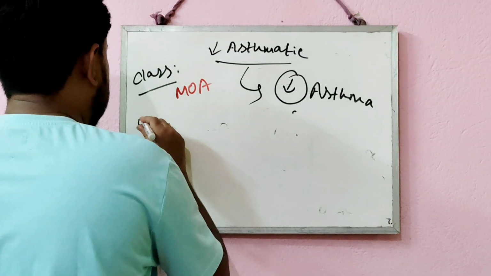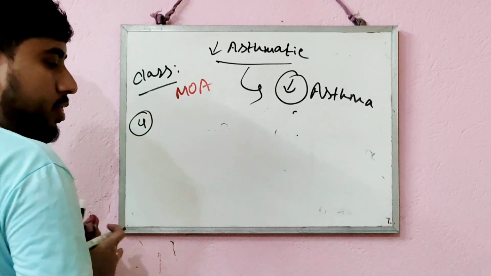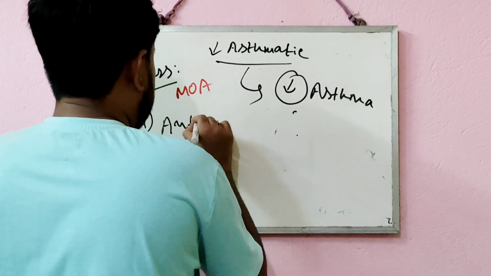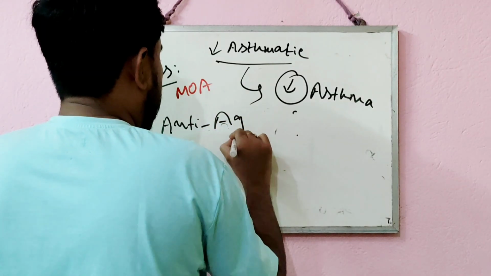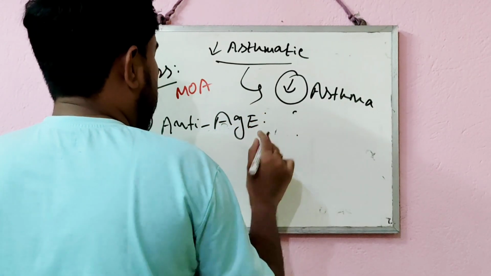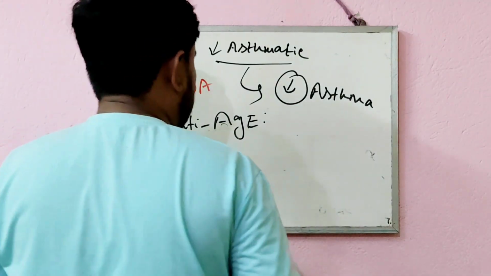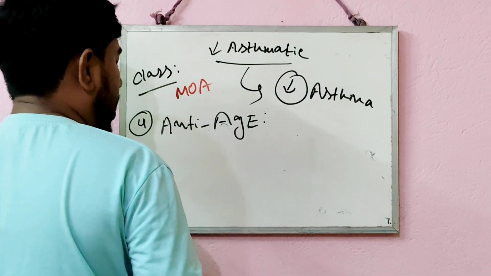Now the fourth classification of anti-asthmatic drugs is anti-IgE drugs, which act against IgE production in our body to inhibit the hypersensitivity reaction of immunity to treat asthma.